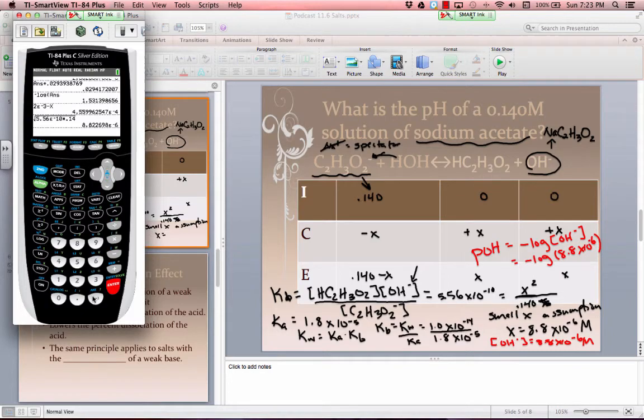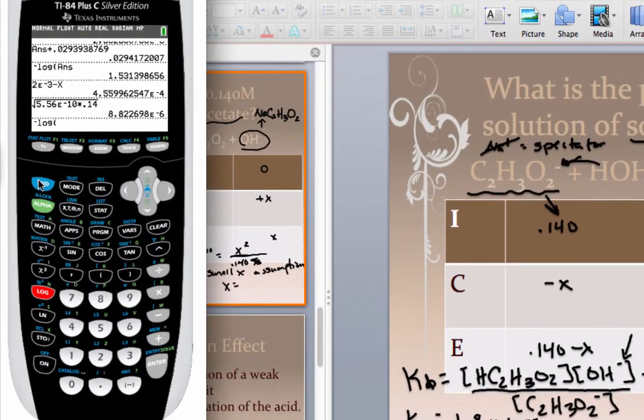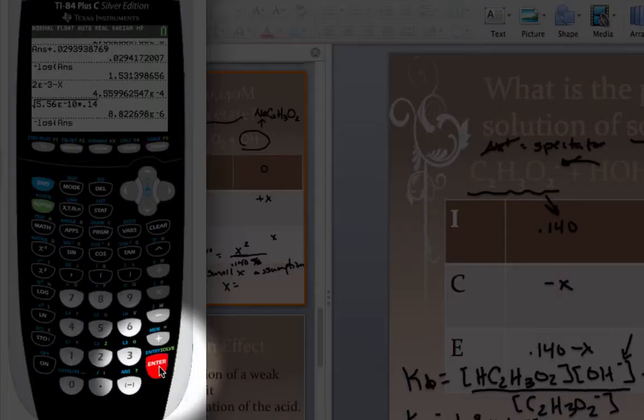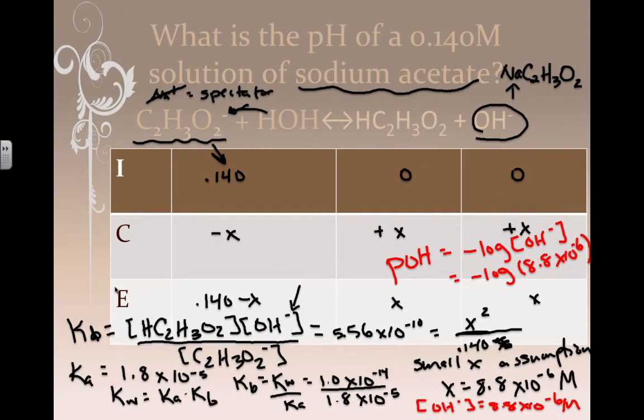So in my calculator, I take the negative log of the answer that I had before, and I get 5.05. So the pOH is equal to 5.